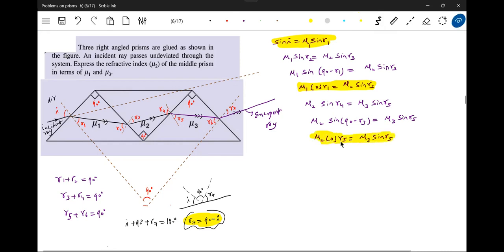I can eliminate these angles only when I square and add, using trigonometry. What is R5? R5 will be 90 minus R6.